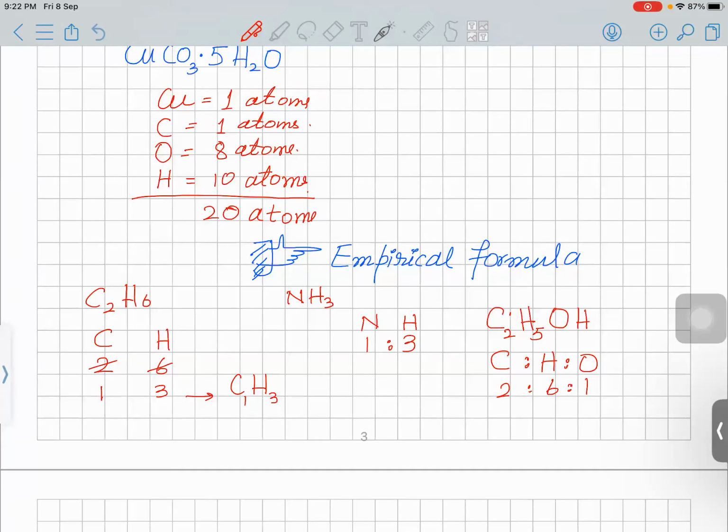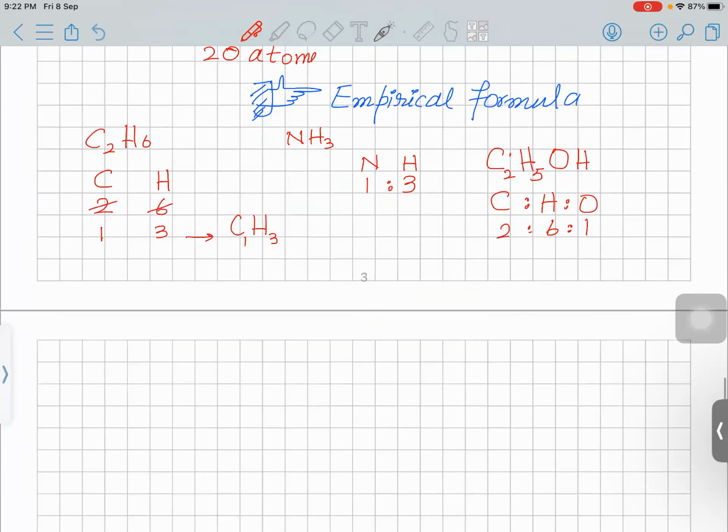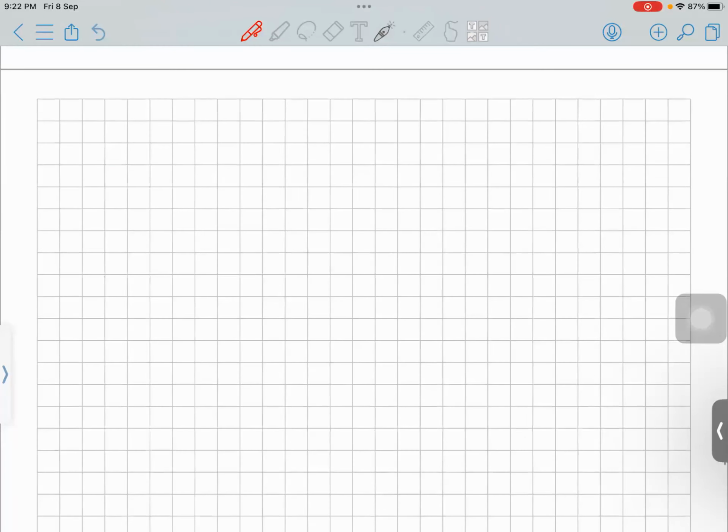Now next, find the ratio between these elements. C3H6. Yes, can you find the ratio?